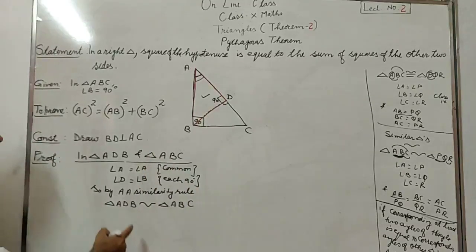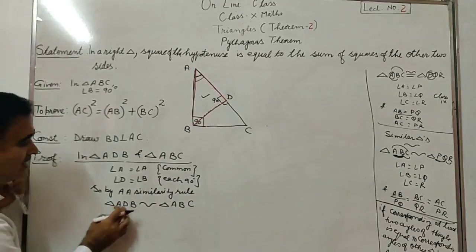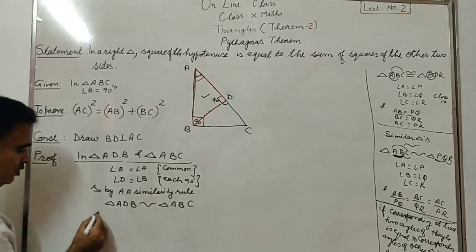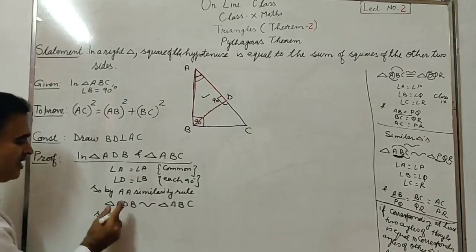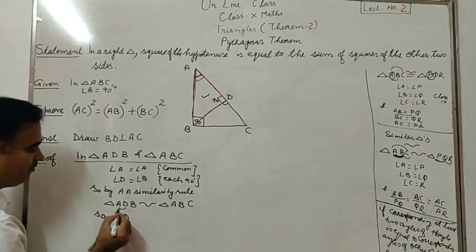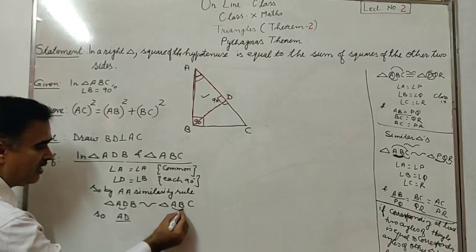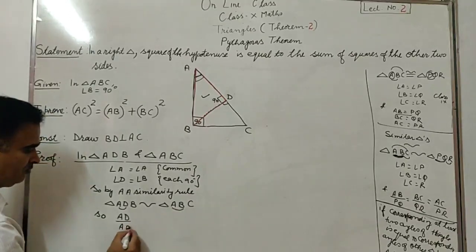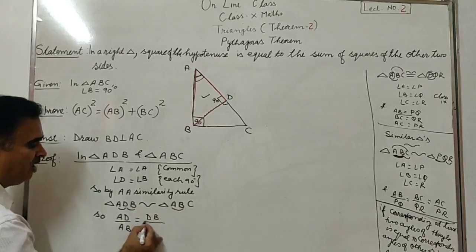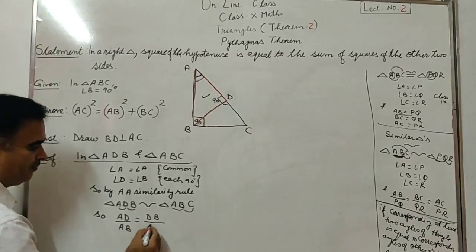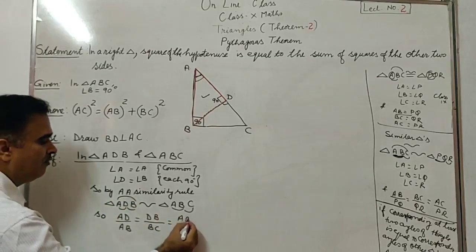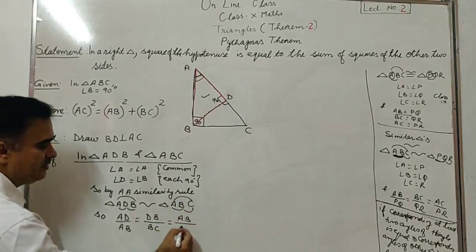Understood? And I told you that when the triangles are similar, then the corresponding sides are in the same ratio. So they are not equal, but they are in the same ratio. So AD upon AB equal to DB upon BC equal to AB upon AC.